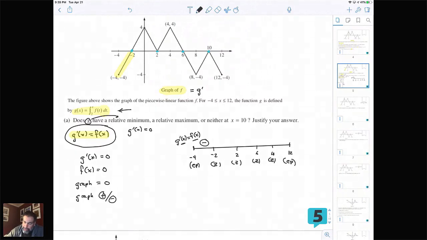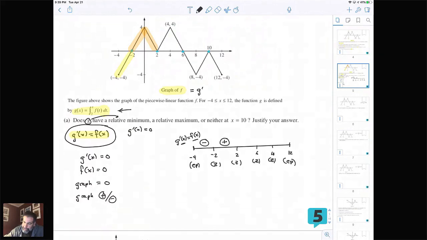When I look in the next region from -2 to 2, that's from here to here, and then here to here, everywhere there, my graph is positive, so G prime is positive. Because keep in mind, G prime and the graph in this problem are interchangeable.